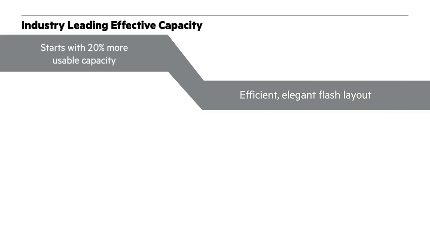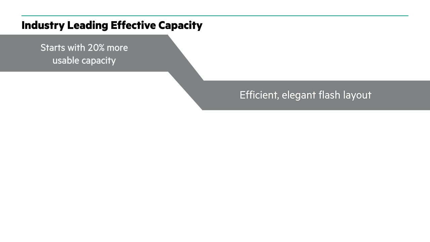Just to hone in on that 20% more effective capacity number, this comes from a more efficient and elegant SSD layout within our all-flash arrays. This is even before we take into account some further savings that you get from data reduction technologies like dedupe and compression.